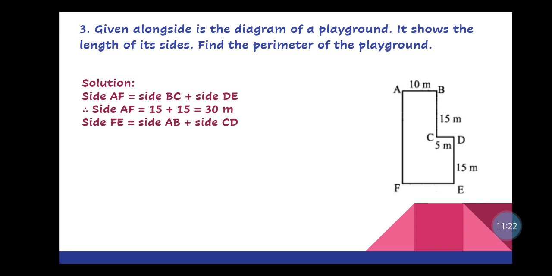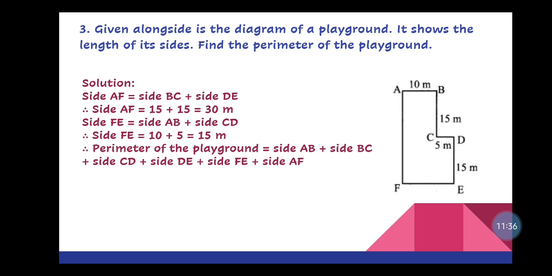Now let us see side FE. Side FE consists of two sides, that is AB plus CD. So adding 10 plus 5 we get 15. So FE becomes 15 meter. Perimeter of the playground is equal to adding up all the sides: side AB plus side BC plus side CD plus side DE plus side FE plus side AF.